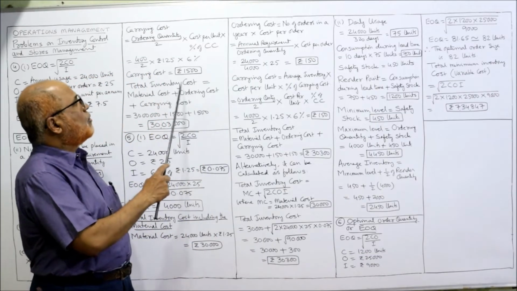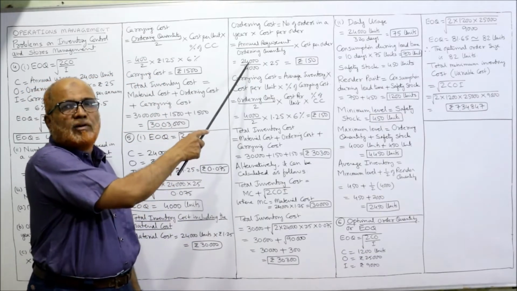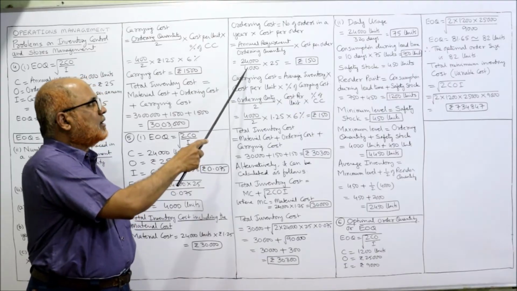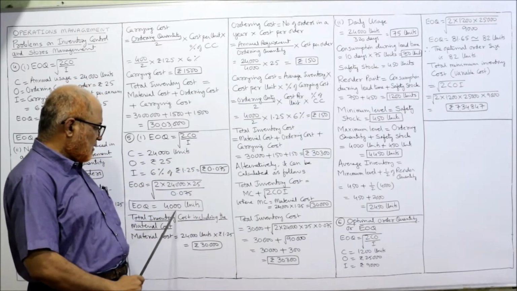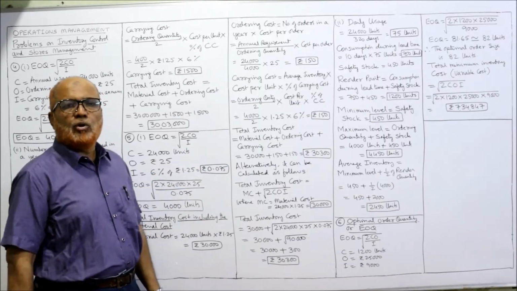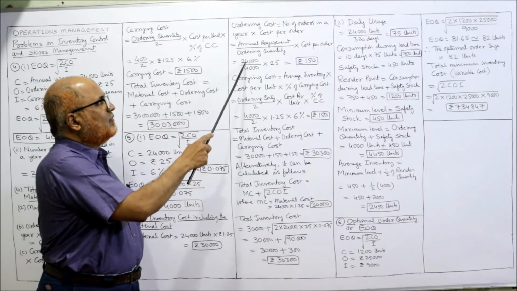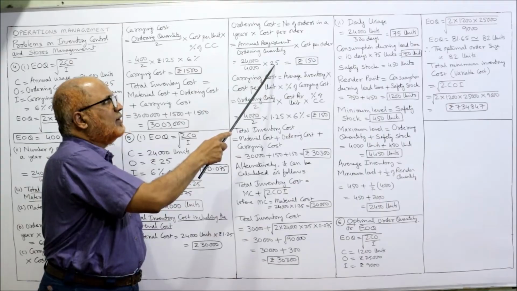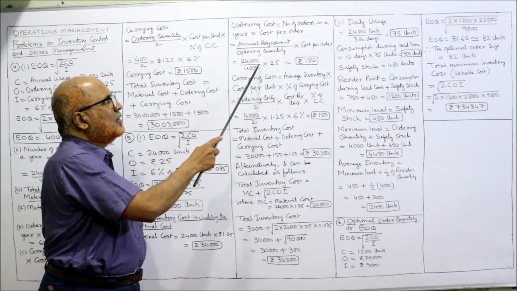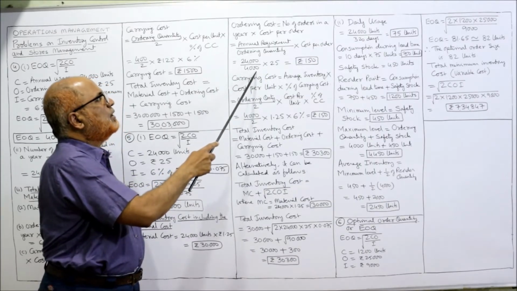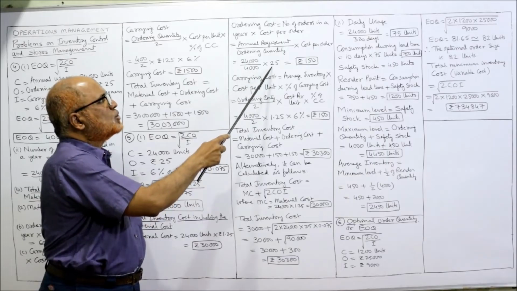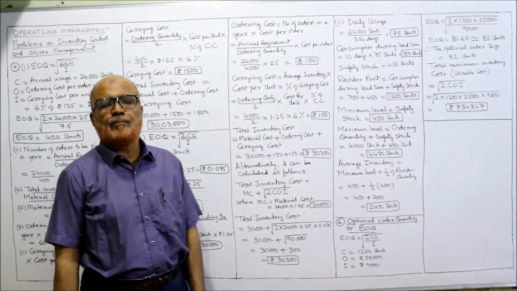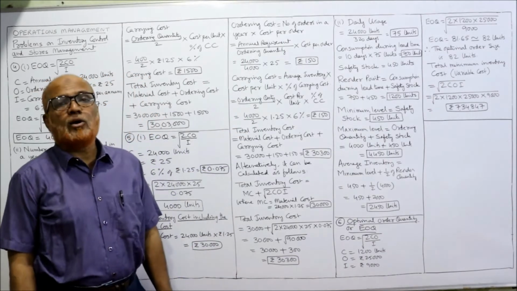Annual requirement is 24,000 units and ordering quantity is 4,000, the EOQ we just calculated. So 24,000 by 4,000 into cost per order 25. 24,000 divided by 4,000 gives 6. 6 into 25, 150 rupees is the ordering cost.